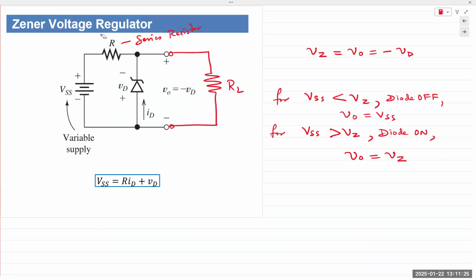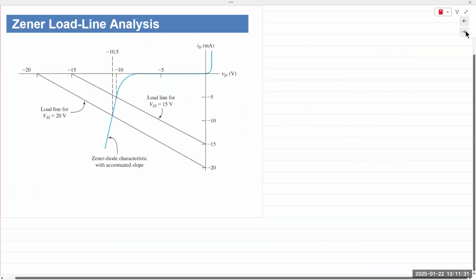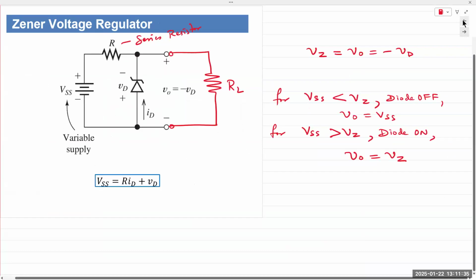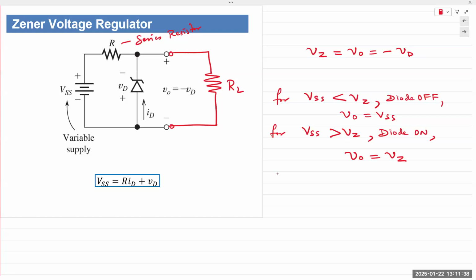Okay, so if we want to do a load line analysis, and this is right here on the next page, so we'll graph and plot it on there. Let's look at first the given quantities. We are told VSS is 15 volts.